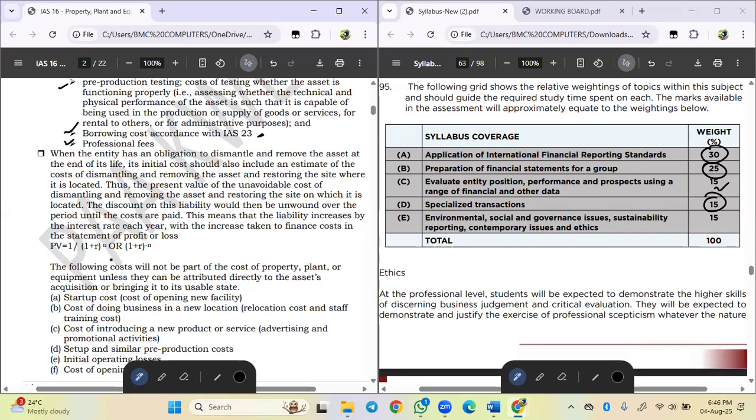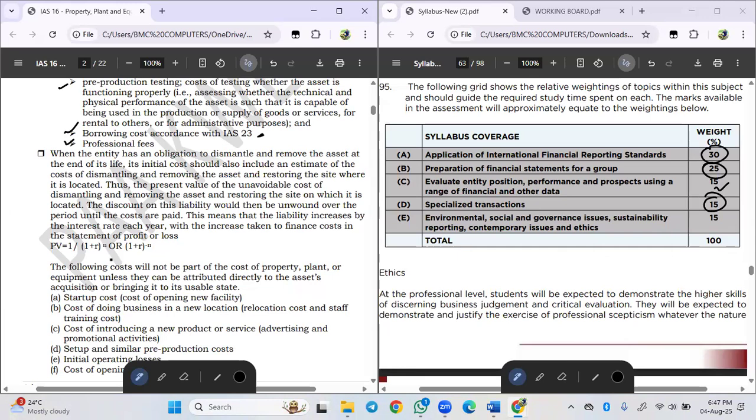And also cost of doing business in a new location. Let's say you are operating in Kaswa now, you are relocating to Accra itself. Okay, so that cost cannot be added to the cost of that particular item of PPE. And also maybe you have a new plant assembled and installed, and you have to train staff before they can use it.